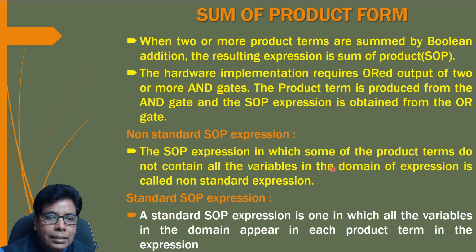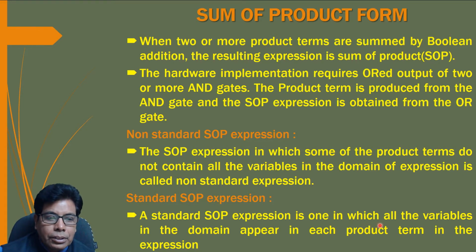That time we call it a non-standard expression. And a standard SOP expression is one in which all the variables in the domain appear in each product term in the expression. So when we are having different terms and each product term has all the variables, then we call it the standard SOP expression.